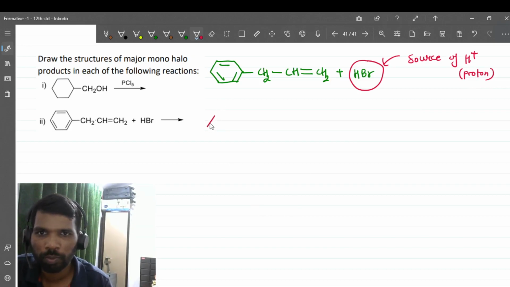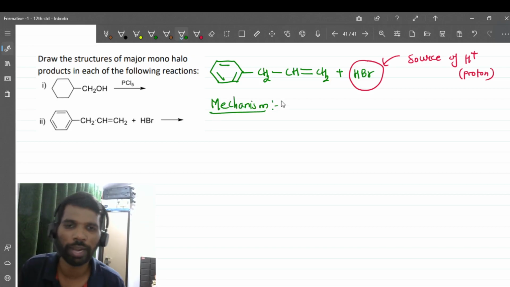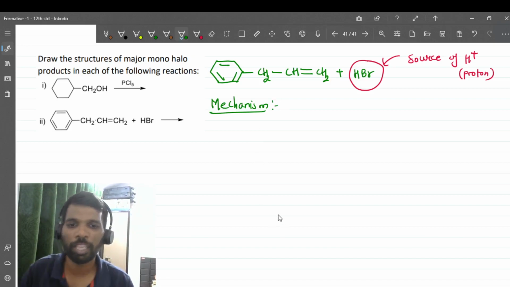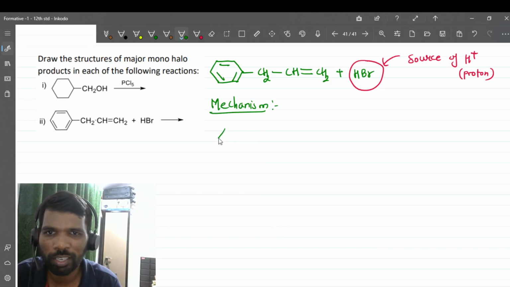So the thing is, in the mechanism part, we'll learn the mechanism. This mechanism is very important. You are not asked to write a mechanism, but based on the mechanism, you can solve many questions. Understand this one mechanism.